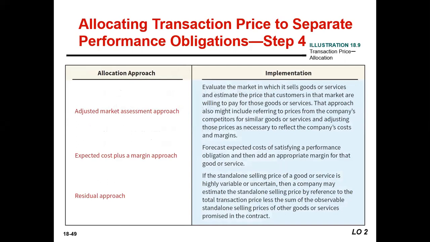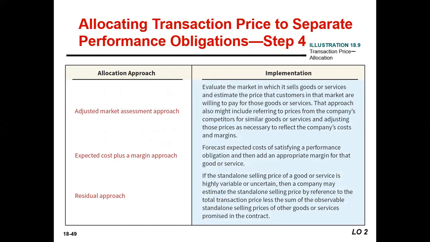So the allocation approach, under adjusted market assessment approach, the implementation here is evaluate the market in which it sells goods or services and estimate the price that customers in the market are willing to pay for those goods or services.